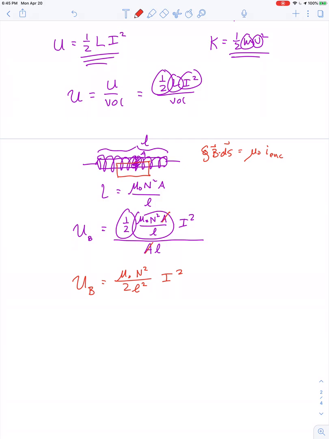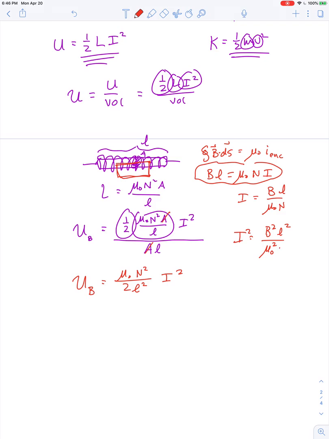If we choose an Amperian loop in the shape of a rectangle, as you've seen in a previous lesson, this just becomes B times L is equal to mu naught times capital N times I. So it looks like I, if we rearrange this equation, is equal to BL over mu naught N, so that I squared would equal B squared L squared over mu naught squared N squared. Let's make that substitution and see what we get.